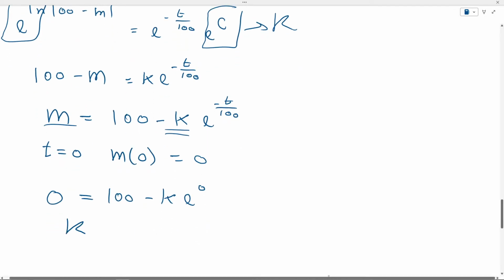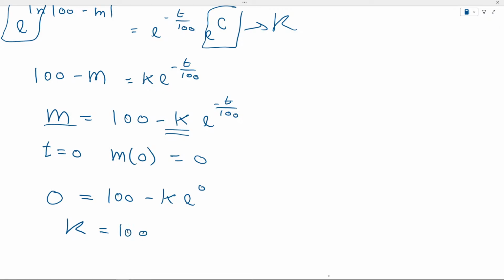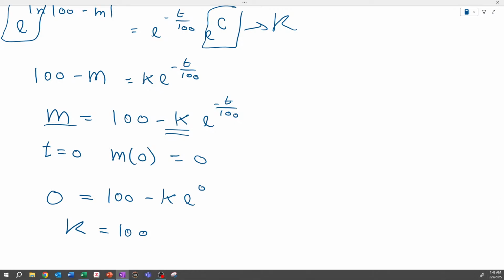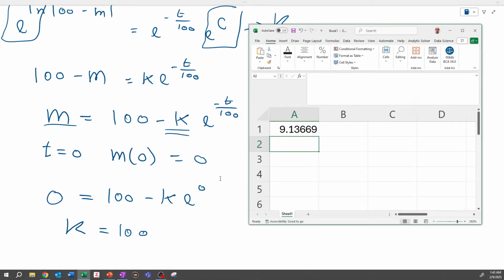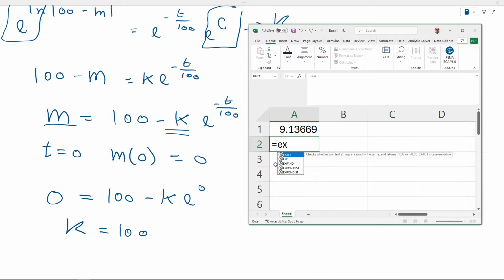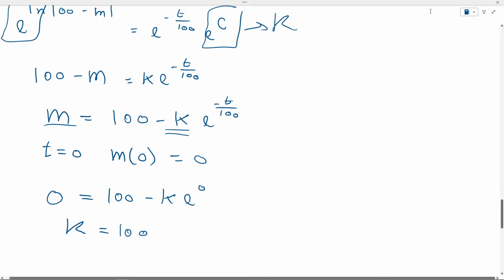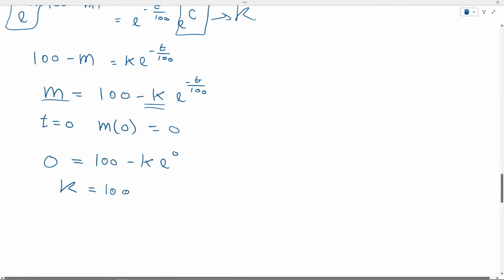So k would be equal to 100. Okay, so now I have k is equal to 100. Let me show you, exp of 0 is equal to 1. So k is equal to 100, and now I can just substitute it here in my equation.